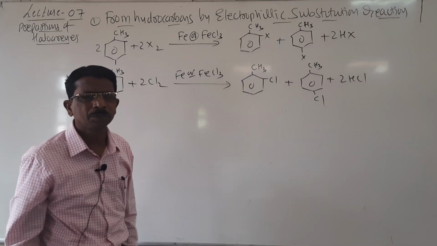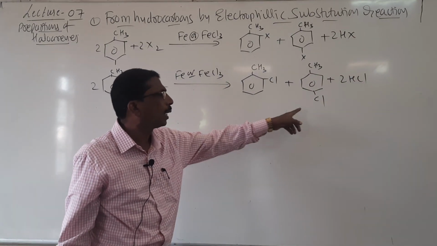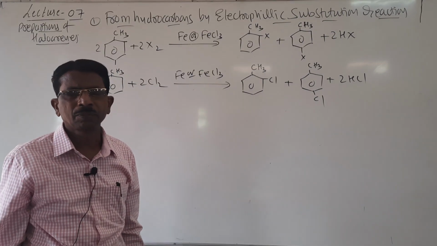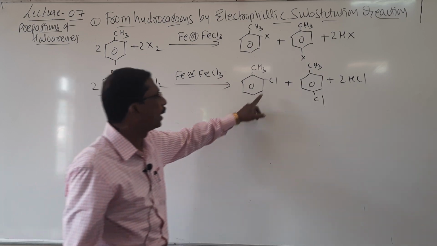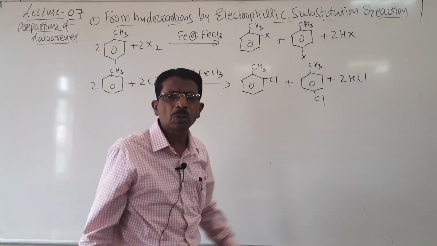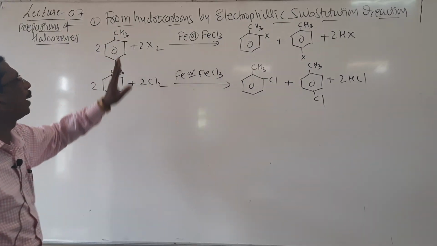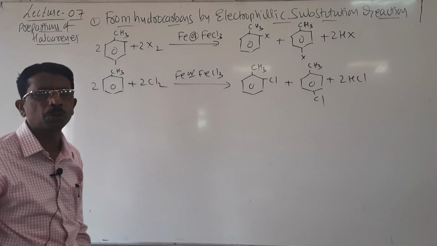Look here students, orthochlorotoluene and parachlorotoluene. So here it contains halogen, so it is the first method, from hydrocarbons by electrophilic substitution reaction.